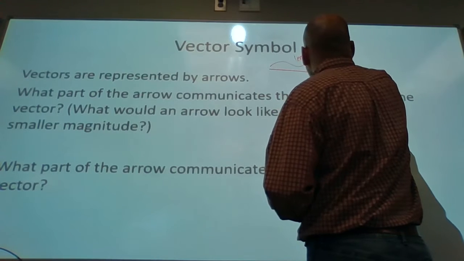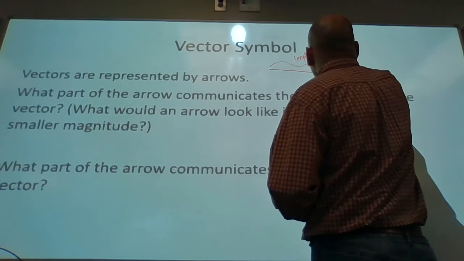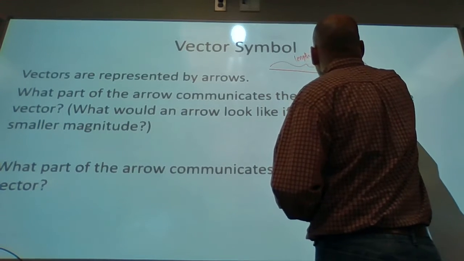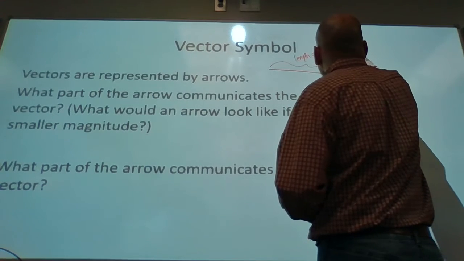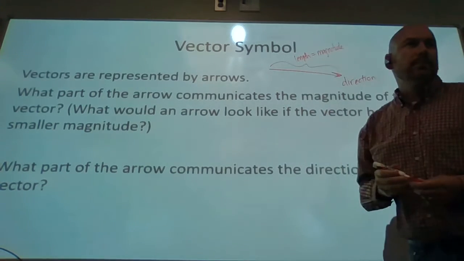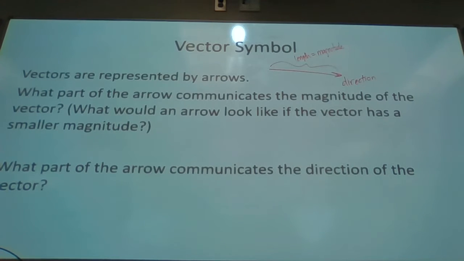The length communicates the magnitude. So the longer the arrow, the greater the magnitude, the greater the amount of that vector.